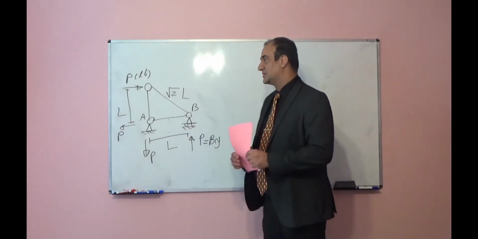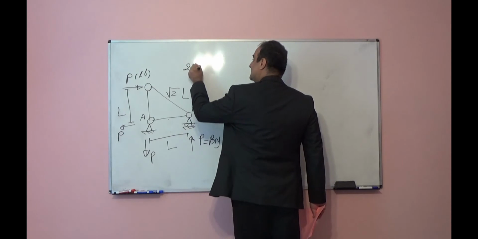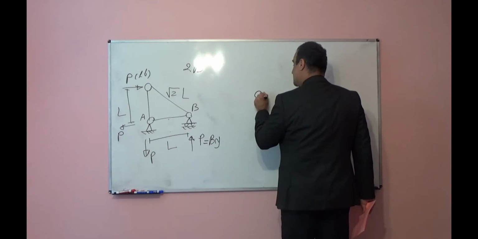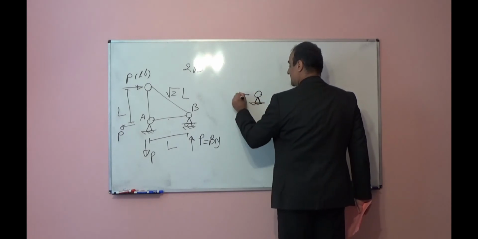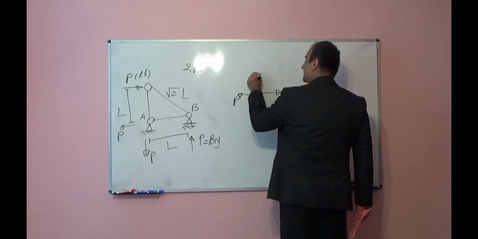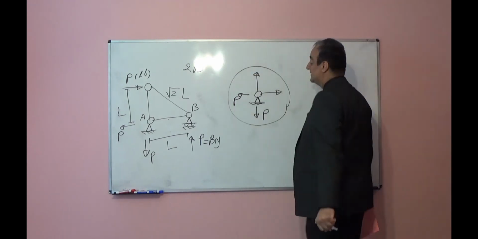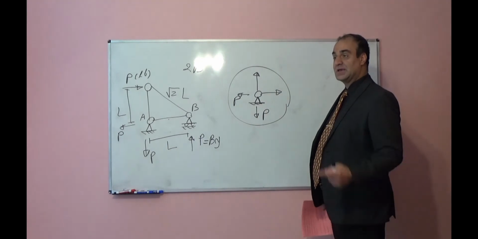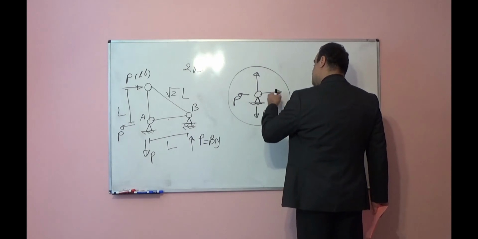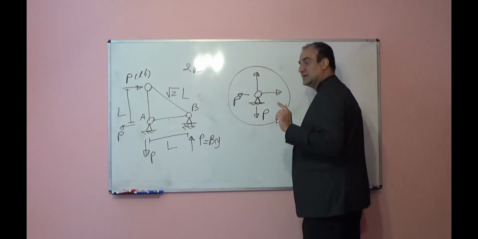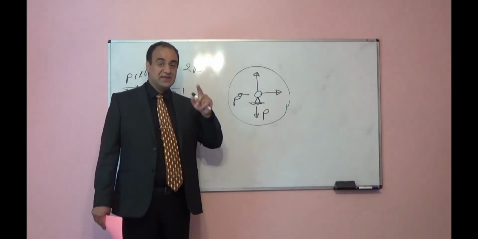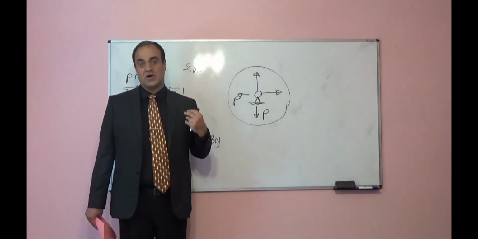If our structure is in a 2D plane, if I cut one joint, for example joint A, in each joint I can write 2 equilibrium equations. One equilibrium of forces in the x direction, another equilibrium of forces in the vertical direction or y direction. With 2 equilibrium equations, in each cut I can find only 2 unknowns.